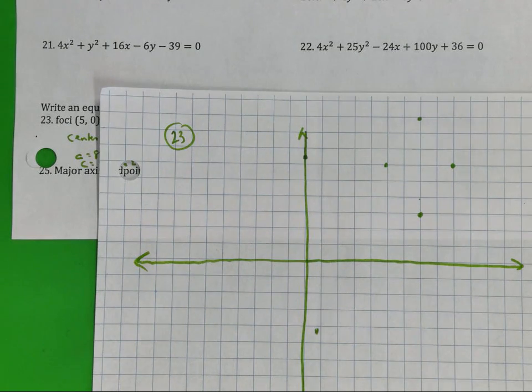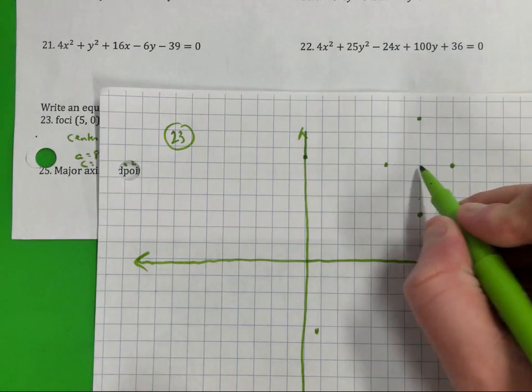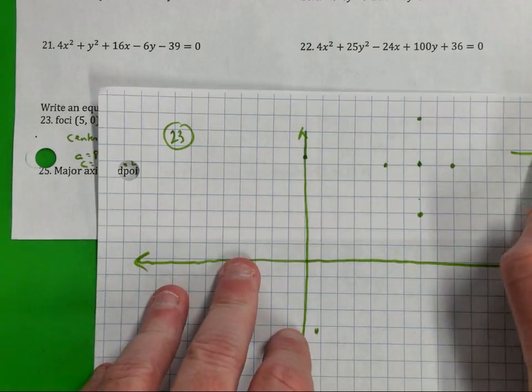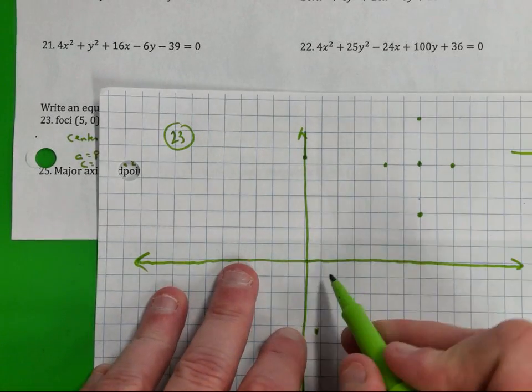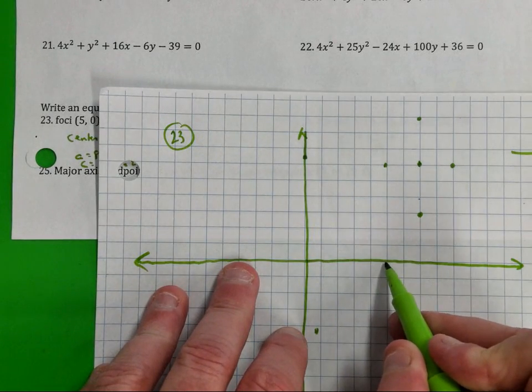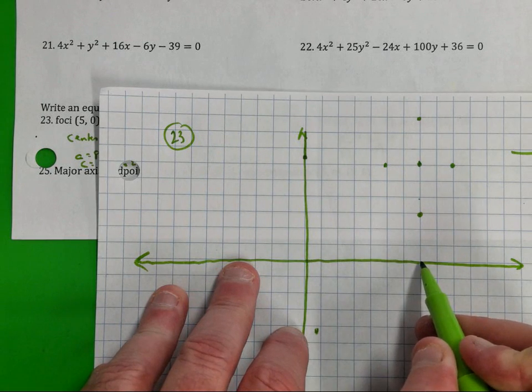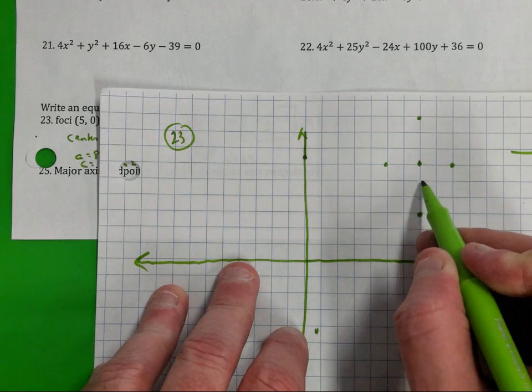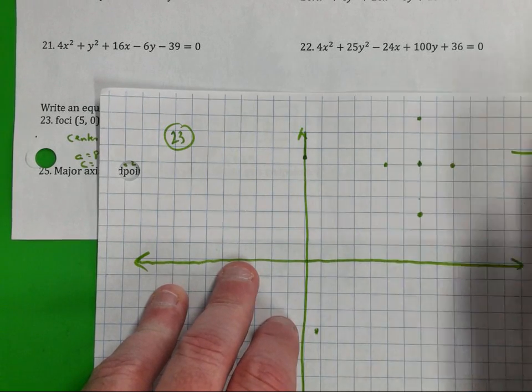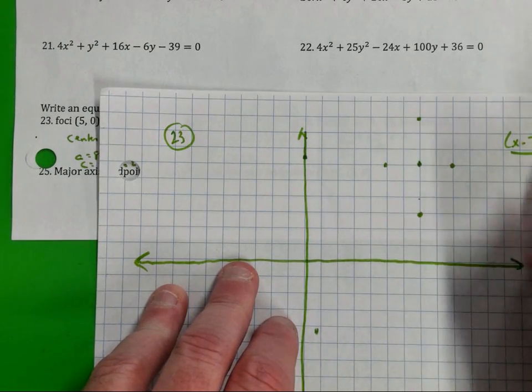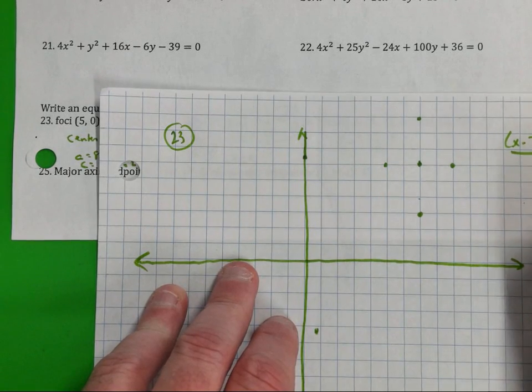So I'm going to put a dot there. I'm going to find that center. It's 7, 6. I'm going to have (x minus 7) squared and (y minus 6) squared.